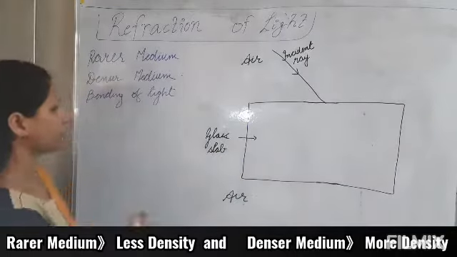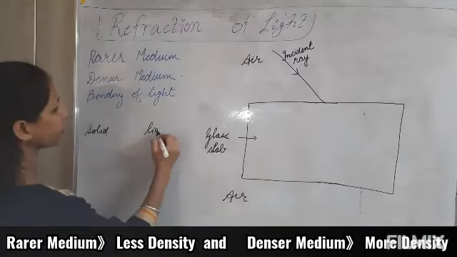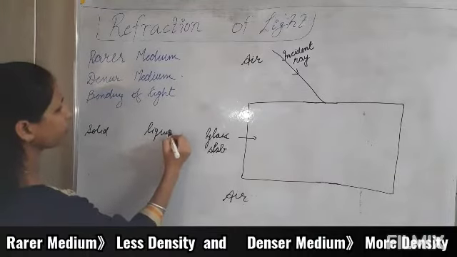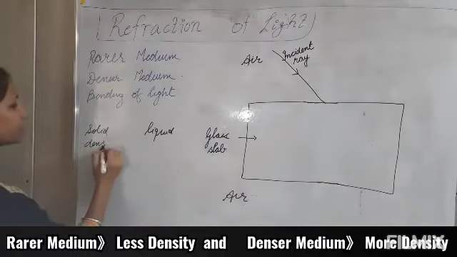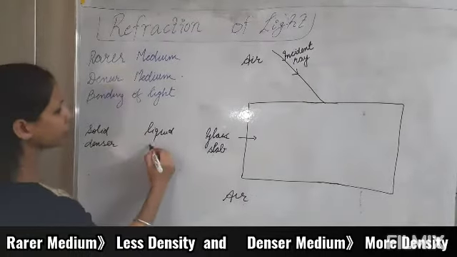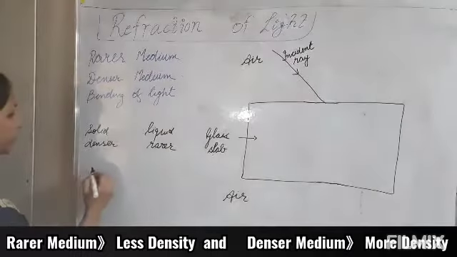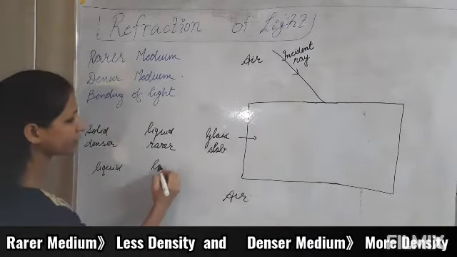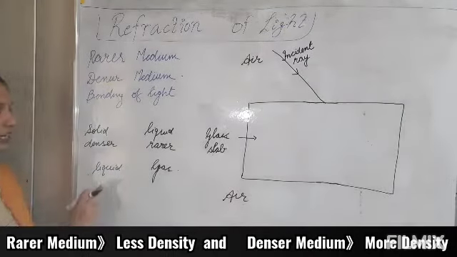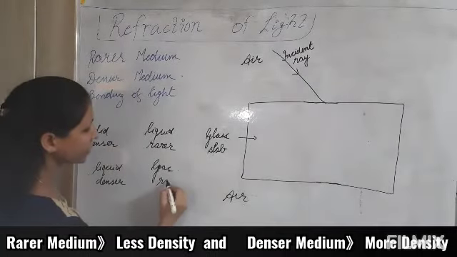We take the example, we have a solid substance and a liquid. As compared to liquid, solid is a denser material and liquid is a rarer medium. If we talk about liquid and gas, in this case, liquid is a denser medium while gas is a rarer medium.